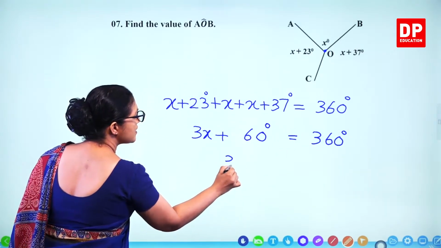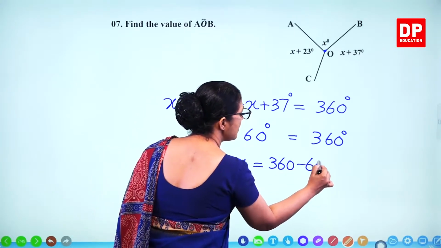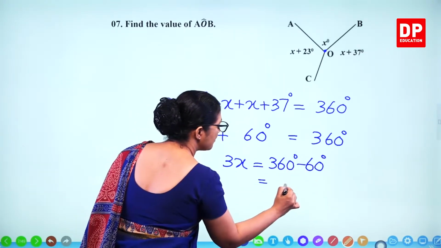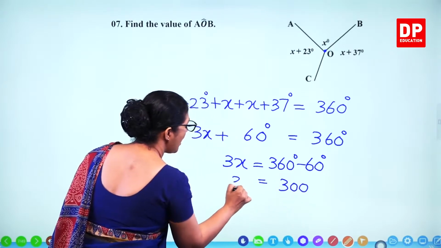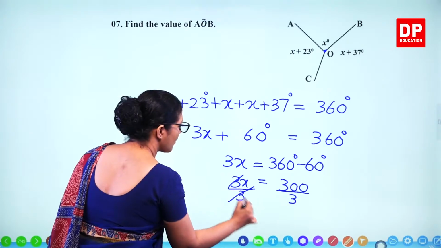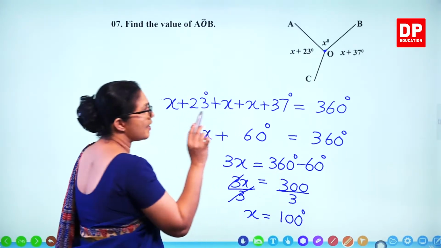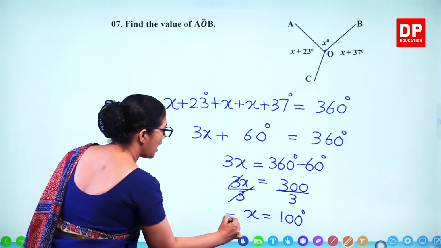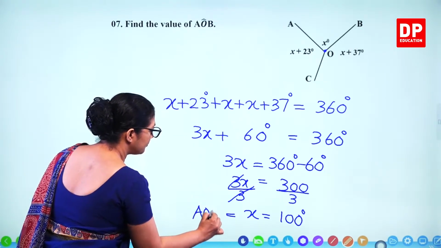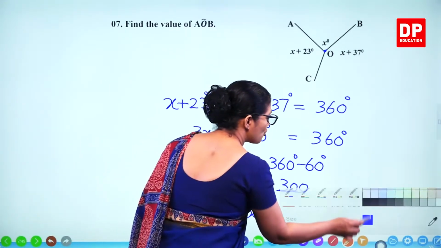Take 60 to the other side, 3x becomes 360 minus 60, that's 300. Divide by 3. x becomes 100 degrees. You need to find x, that's angle AOB. That's 100 degrees. So 2 marks for that.